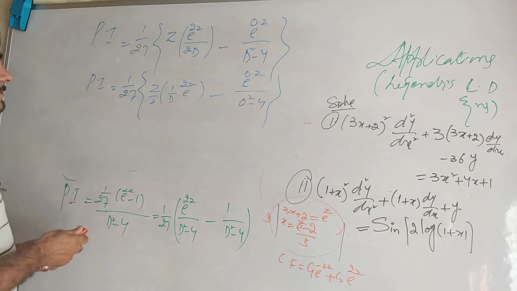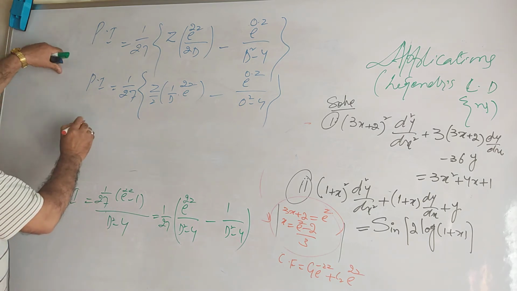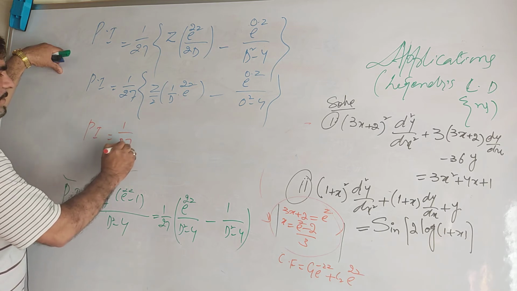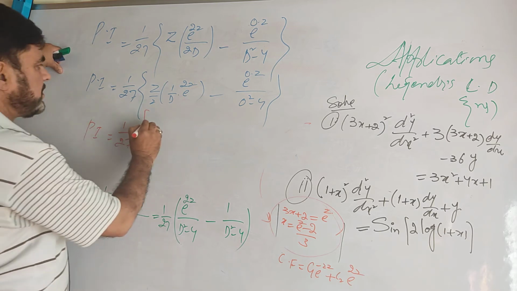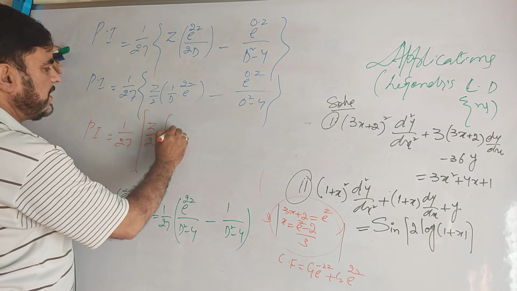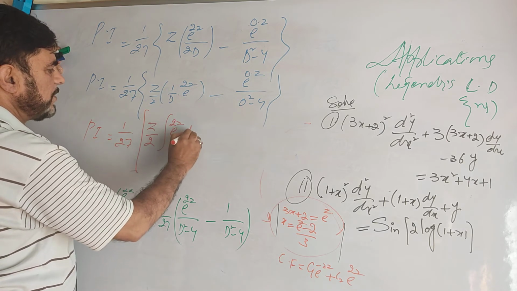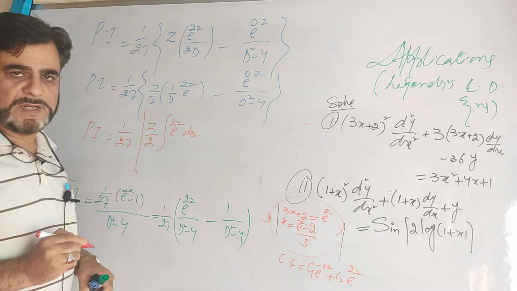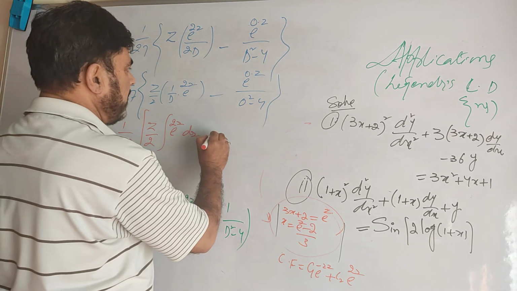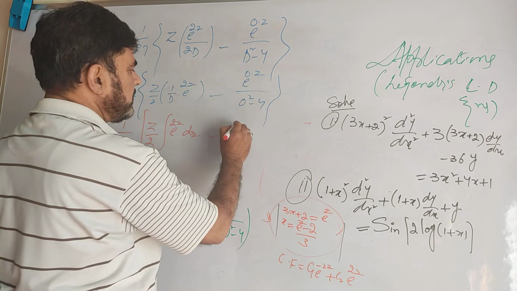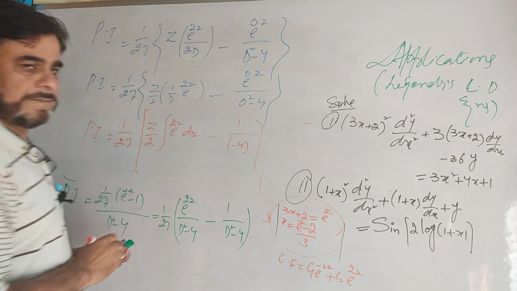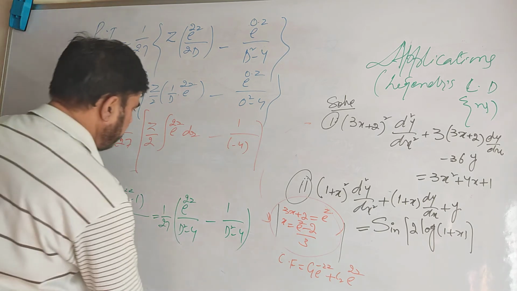So my particular integral is 1 by 27, z by 2, integral of e raised power 2z with respect to z, because the reciprocal of D is 1 by D, the integral. Then minus, it is again 1 by minus 4.